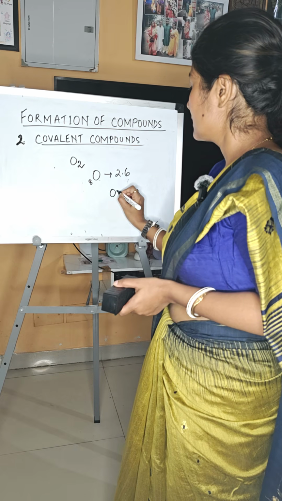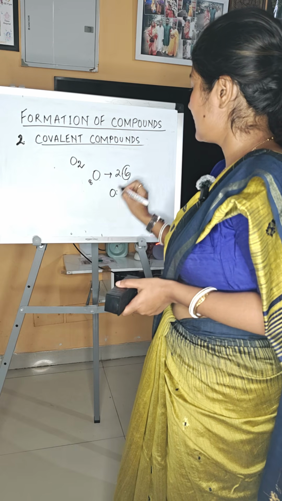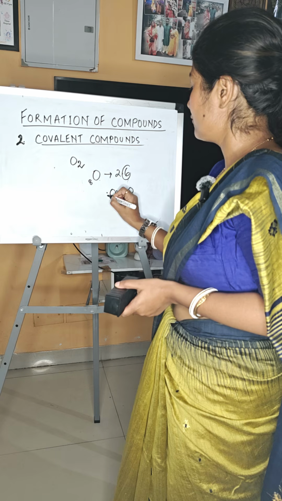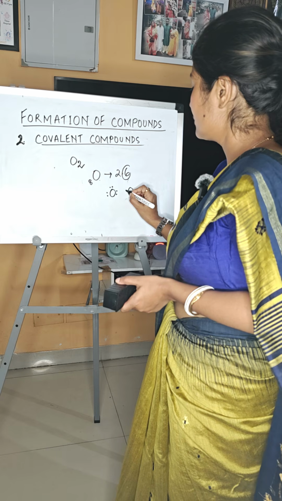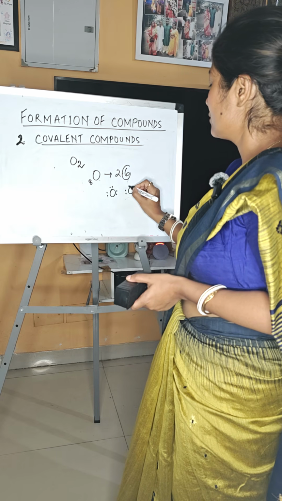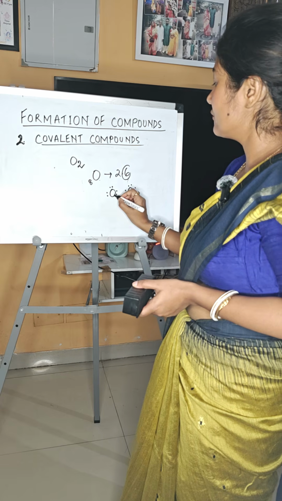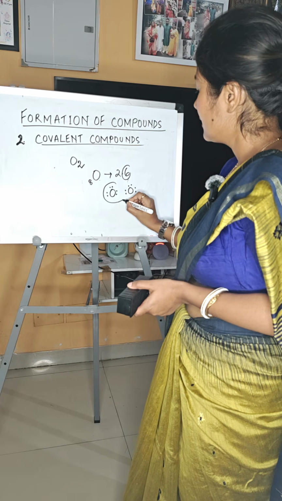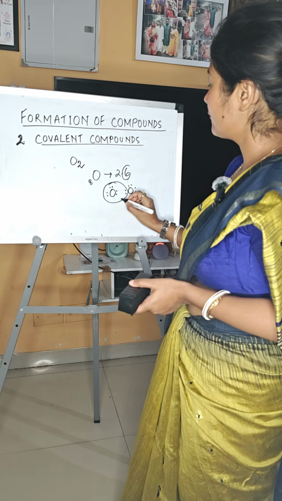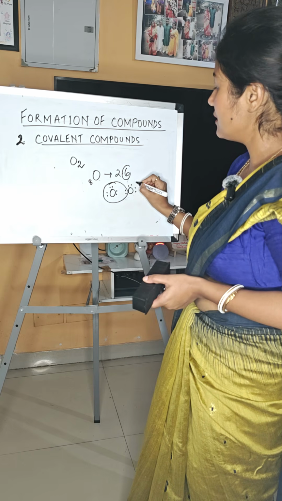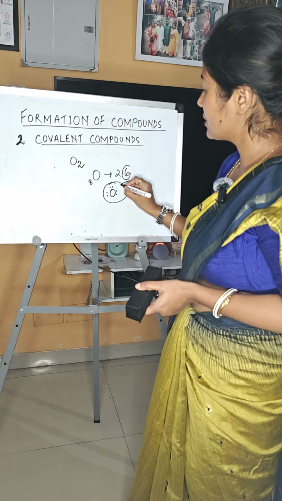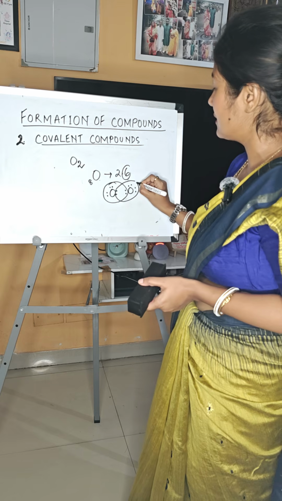So these are the 6 valence electrons, 1, 2, 3, 4, 5 and 6, and for this oxygen also 1, 2, 3, 4, 5, 6. So what will this oxygen do? It will share 2 electrons of its nearest neighbor, and this oxygen will also share 2 electrons of the nearest neighbor.